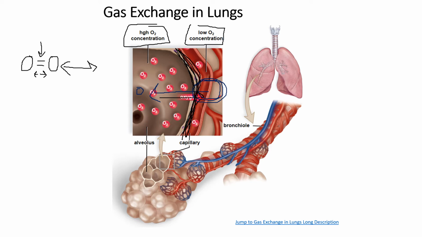So remember how I said the body will rig diffusion so that it's always going in one direction. So we'll keep breathing in more air, and that will replenish the oxygen in our lungs. And so this is always high.